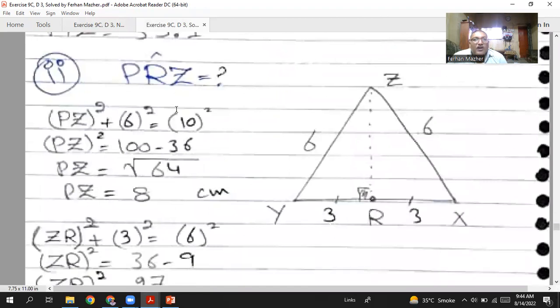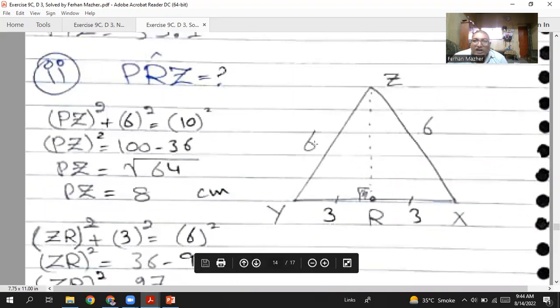Okay, so first of all, I'm going to take the triangle which is on the ground, horizontally, and XYZ is an equilateral triangle. So this side is 6, this side is 6, this side is also 6. From Z, if you draw a perpendicular onto the side XY, it will divide it into two equal parts, because it's an equilateral triangle.